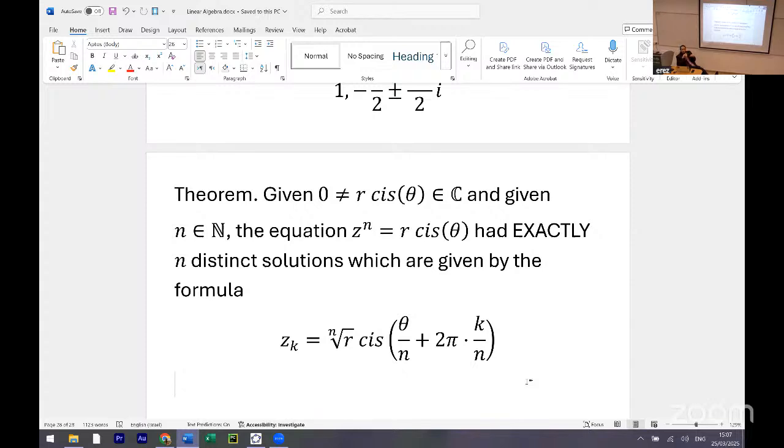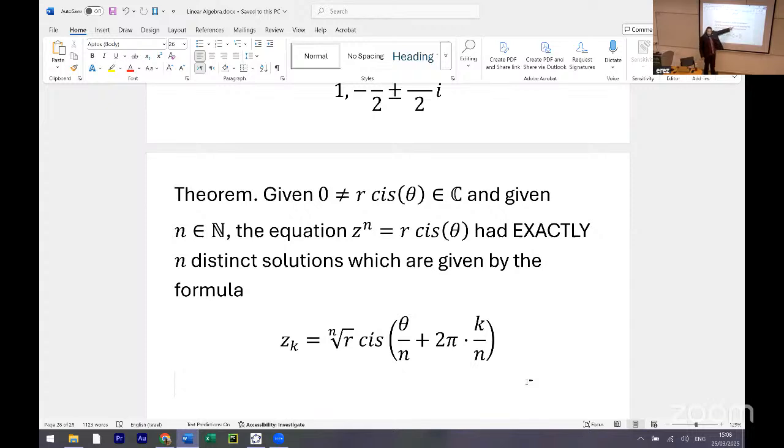Any questions up till now? By the way, to answer why this formula is correct, it's quite easy. Take this formula and raise it to the power of n. What is the nth root of r when you raise it to the power of n?